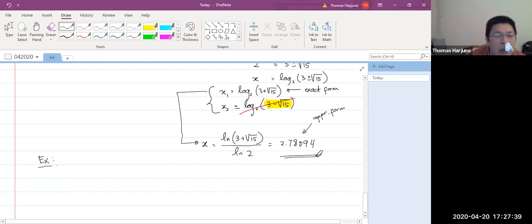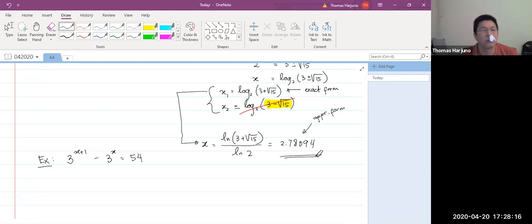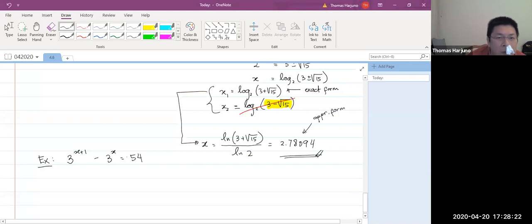Let's say I have 3 to the x plus 1 minus 3 to the x equals to 54. We have common base 3, but 54 is not base 3.